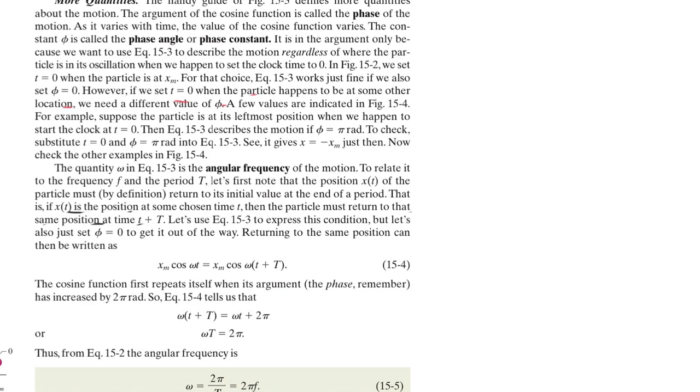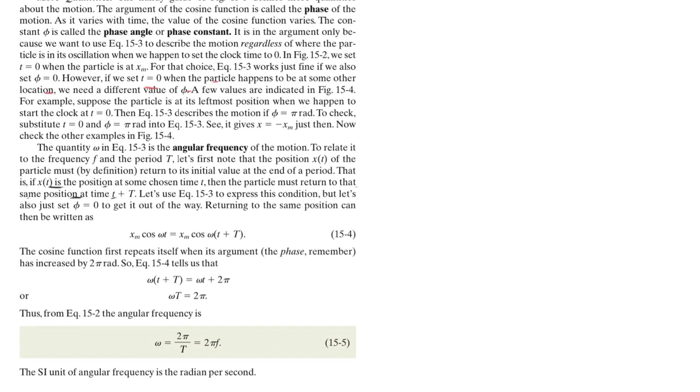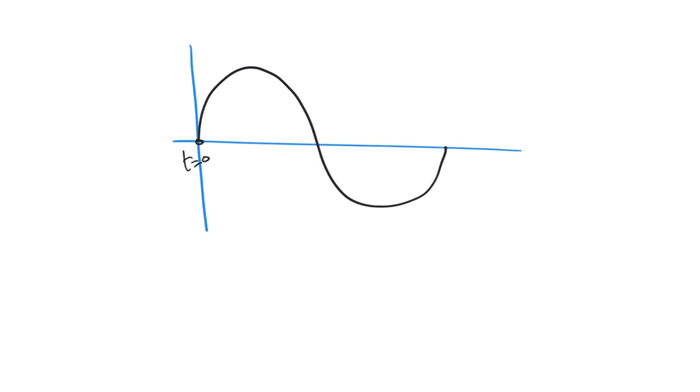Now I will explain something very important: the particle must return to the same position at time t plus the period of time. What does that mean? For example, if here we have these oscillations, here the time is 0. The particle must return to the same position when the time is equal to t plus the period of time.